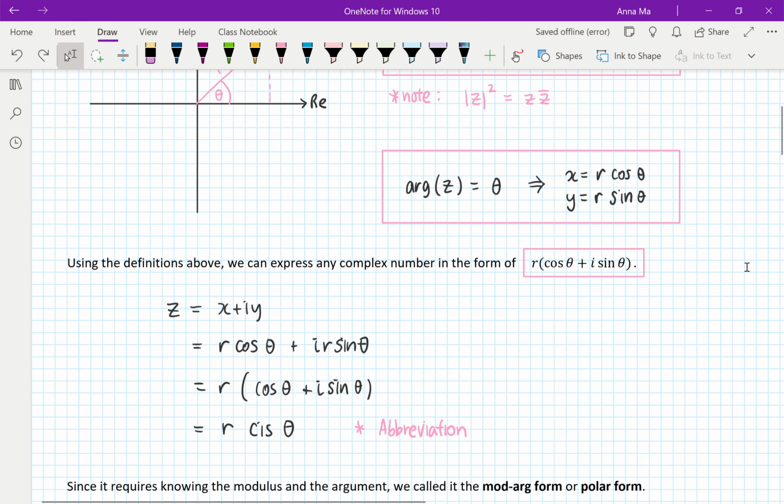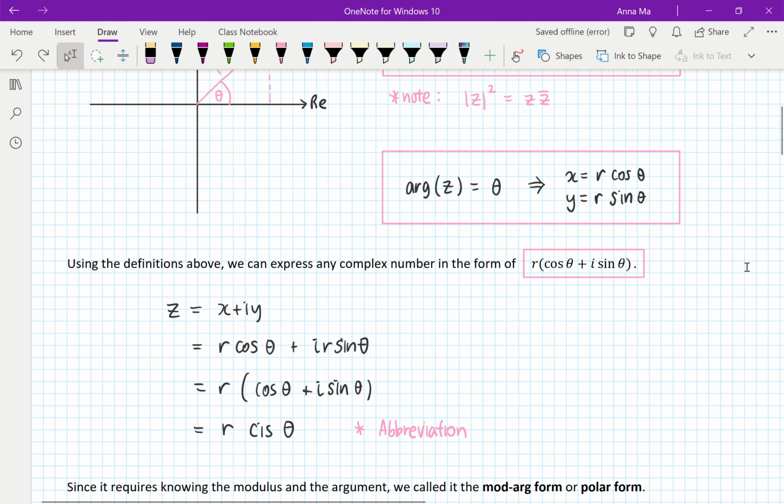Now, using the definitions above, we can express any complex number in the form of this, and that is because for any complex number z, we have x plus iy. We can replace the x-coordinate with r cos theta, replace the y-coordinate with r sine theta, and just factor out the r, and we get this expression.